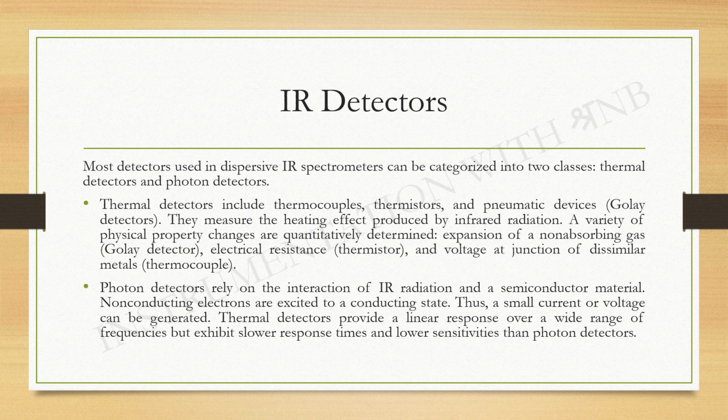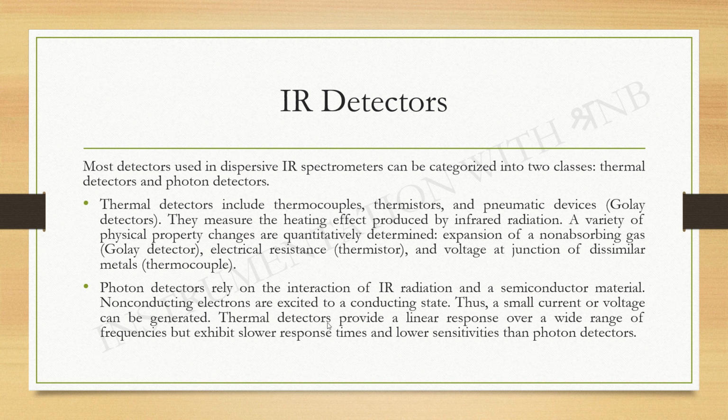Whereas photon detectors basically measure the interaction of IR radiation, basically the electrons or photons that are used to excite the matter from its ground to the excited state. So small current or voltage can be generated using the photons.